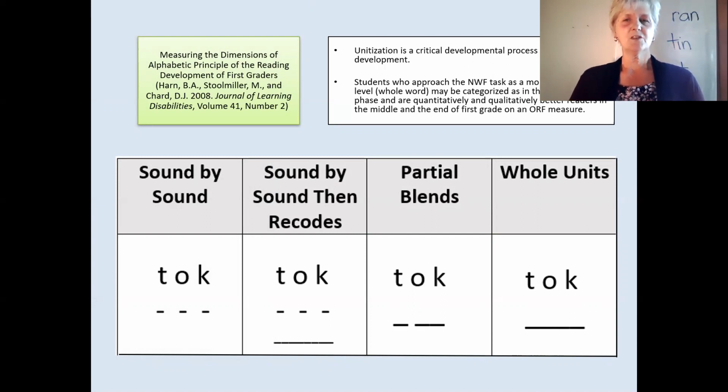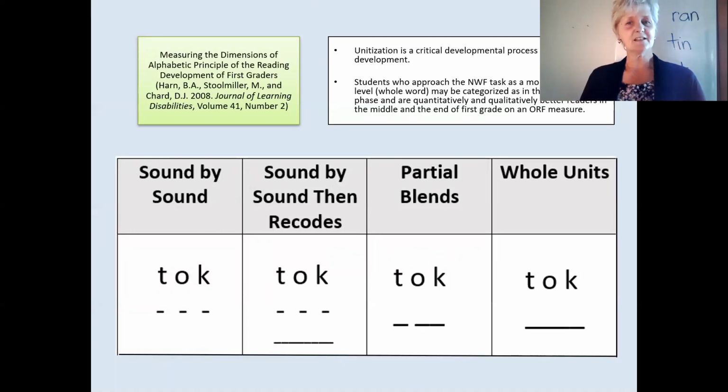When students begin to do their decoding work, they can do sound by sound, and they say "t-a-k." In this study, they used nonsense words just to be sure that students didn't know those words. So at the sound by sound level, kids are saying the sounds separately, and when I hear that, I'm happy.